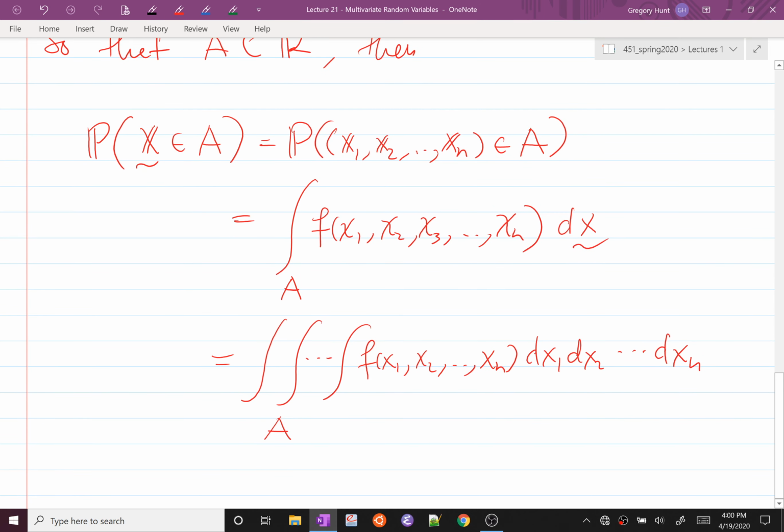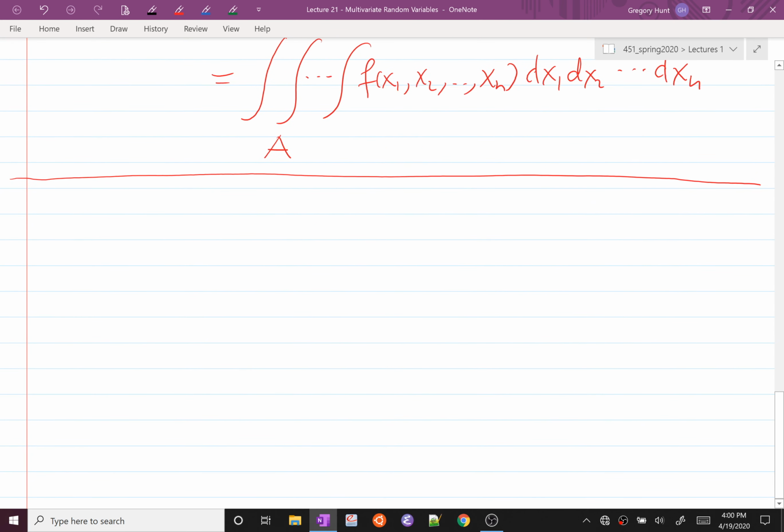So this should all look pretty familiar. As in the bivariate case, it's just that now we have n variables at a time, but it's not a lot more complicated. We can define things like expectation.